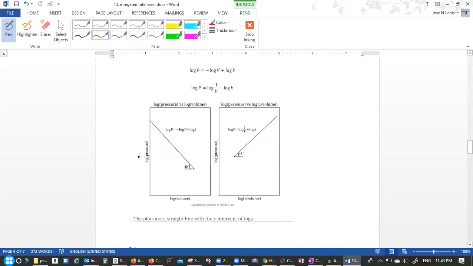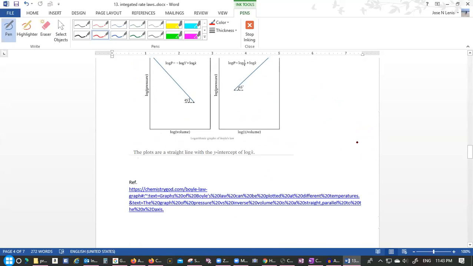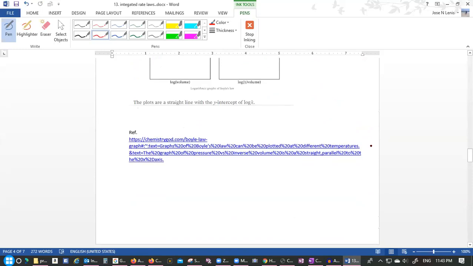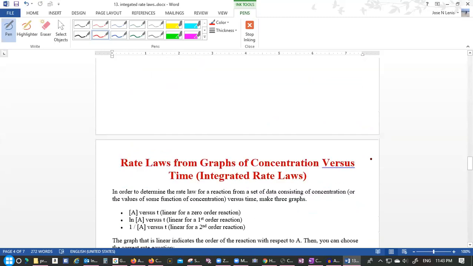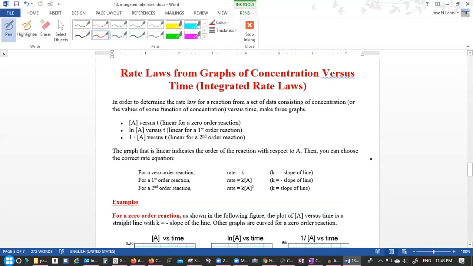So there are different strategies to make a curve show a linear tendency, and that's called the normalization of the data or normalization of the curve. So that's what we're going to do to figure out the rate laws from graphs.